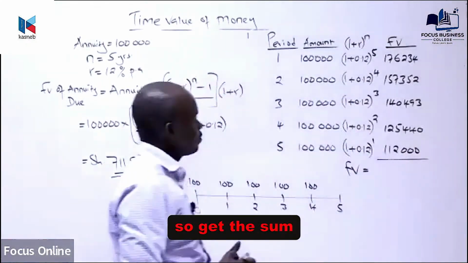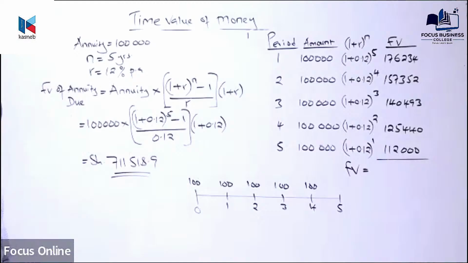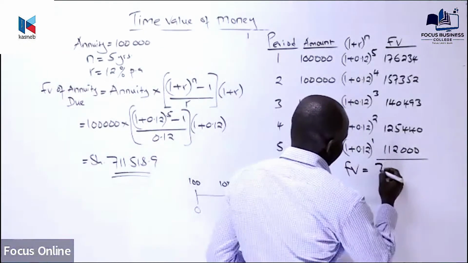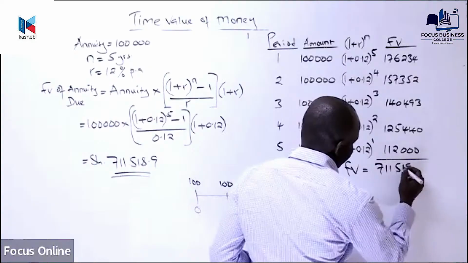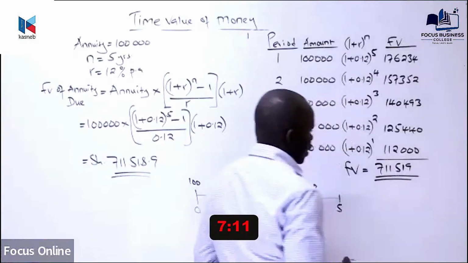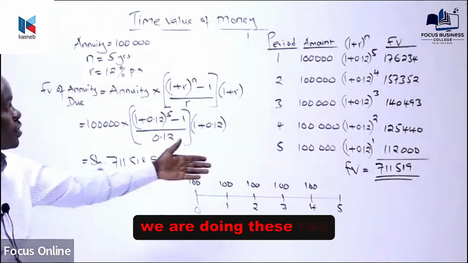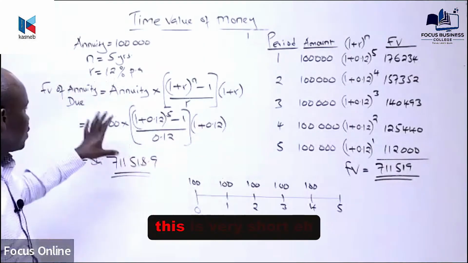So get the sum. $711,519. Now the reason why we are doing these two methods, this is very short.